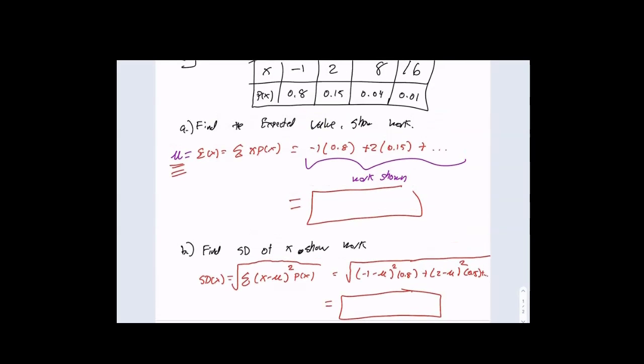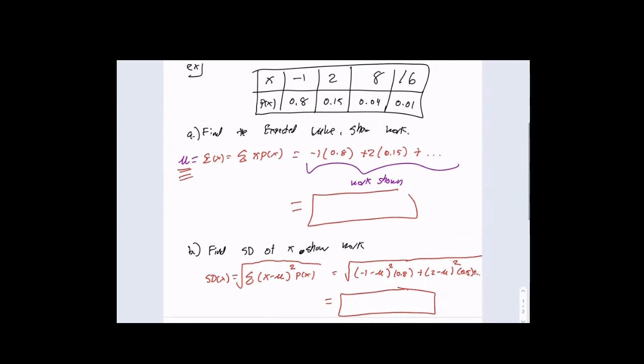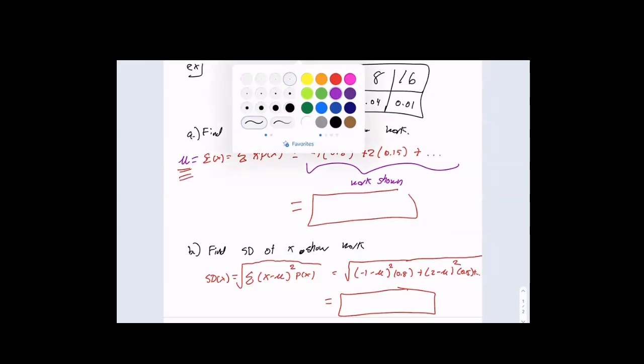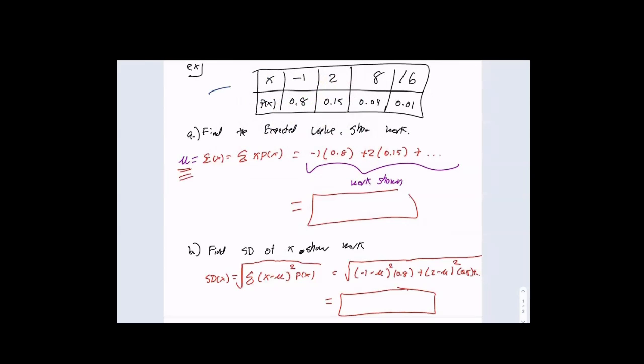Now the process of doing it is the same thing as a frequency table. Basically, we are going to treat this as a frequency table. And we're going to go to the calculator, and I'm going to show you how to utilize the calculator.